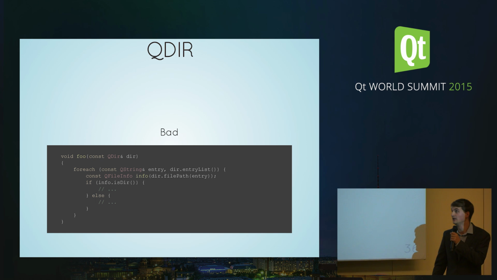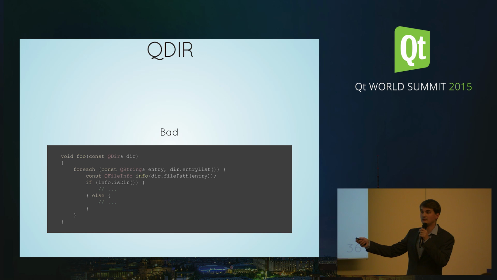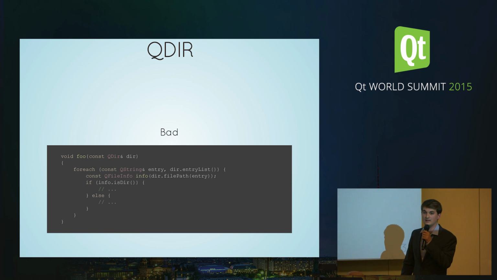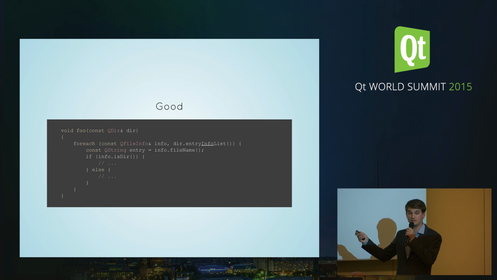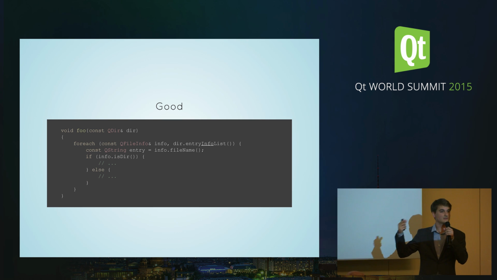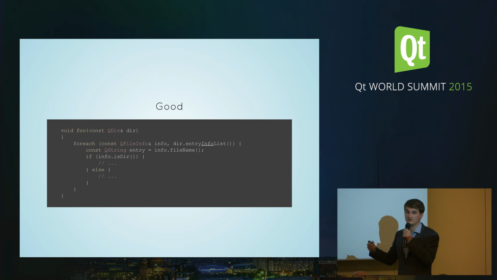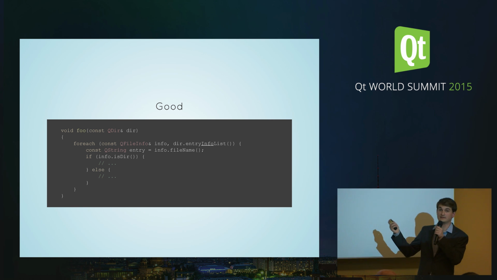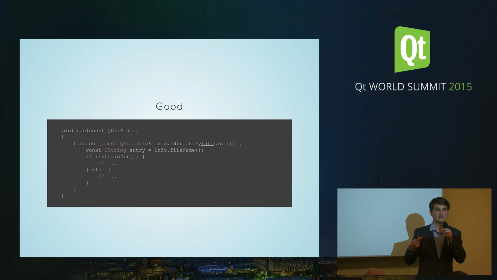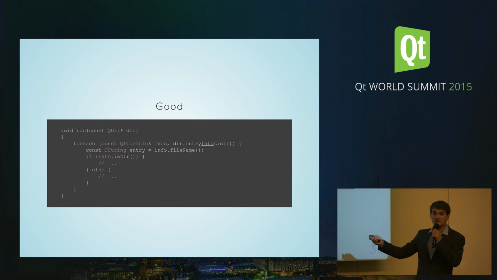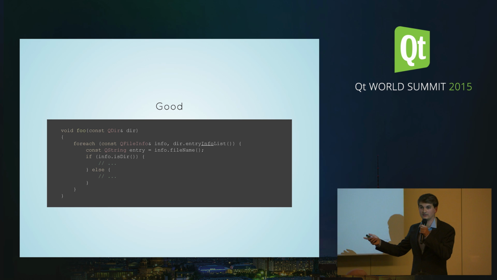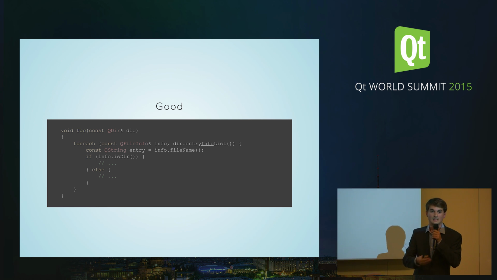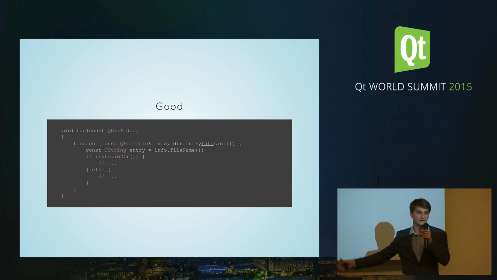But what happens here is that for every entry, you need to stat again to figure out the information about this file. Instead, use QDir's entryInfoList. That simply returns you the QFileInfo directly, which, by the way, has been done by entryList as well, so you don't pay any additional price there. And you don't need the additional stats and stuff like that here to figure out whether something is a file or directory. We knew that already. This can easily be 100 times faster or something like that.